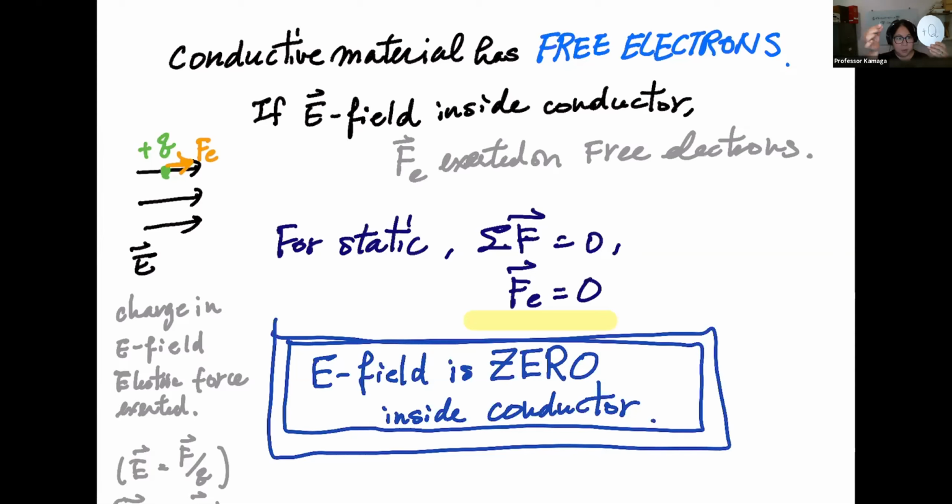If I bring a conductor, which has free electrons in it, it may not be charged itself, but in the electric field generated by this Q, the free electrons inside are going to arrange in a way to cancel the electric field, making it 0 inside this conductor.